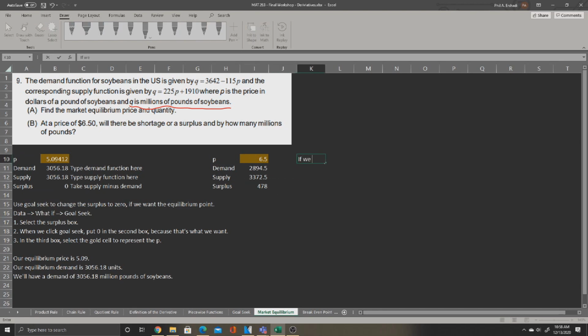So if we change the price to $6.50, we get a surplus of 478 units. So we can restate that. We'll have a surplus of 478 million pounds of soybeans. Because changing the P changed the surplus.